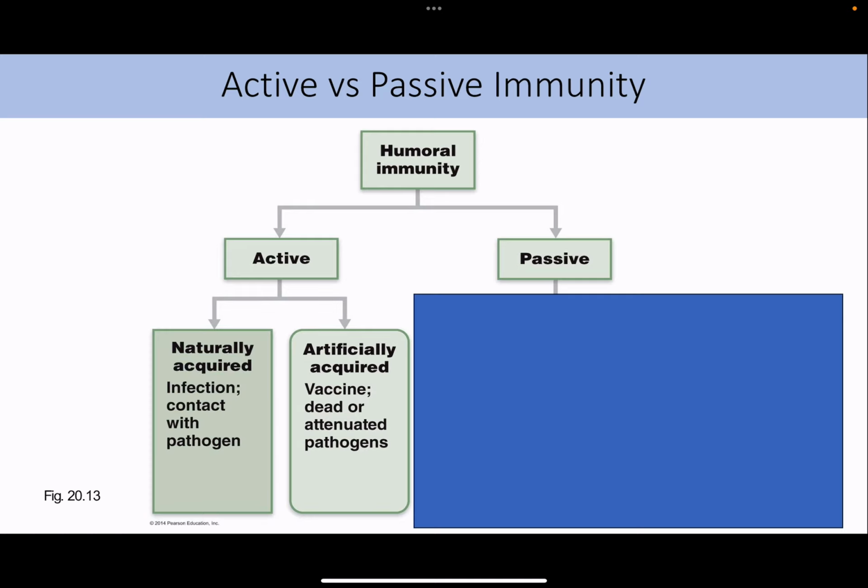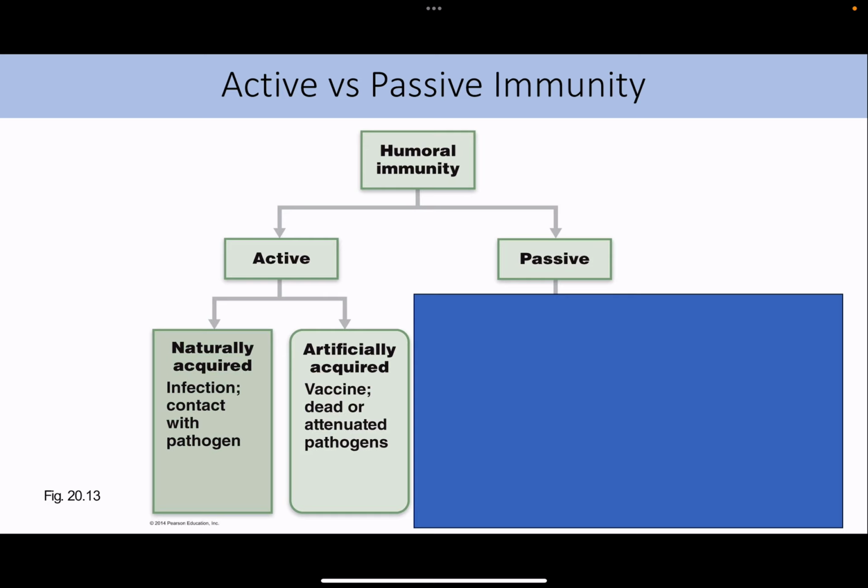Okay. So active immunity, when you make the antibodies yourself, can either be naturally acquired. That means that you actually were exposed to the pathogen or the antigen in real life, which caused your B cells to make the antibodies. That is naturally acquired active immunity.